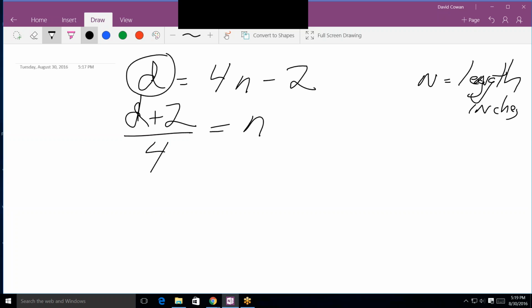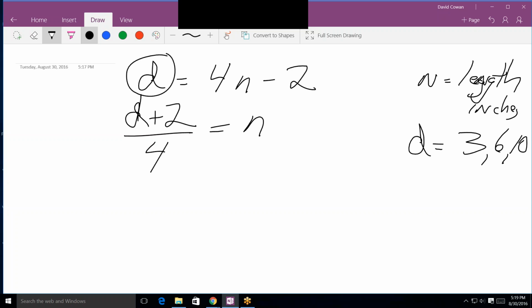Okay, so now we have an equation for n, the length of the nail. They're going to give you various d's and want you to come up with the n. What's the first d? Find the length of the nail when the penny size is 3, 6, and 10. So it's going to be 3. 3 equals 4n minus 2.